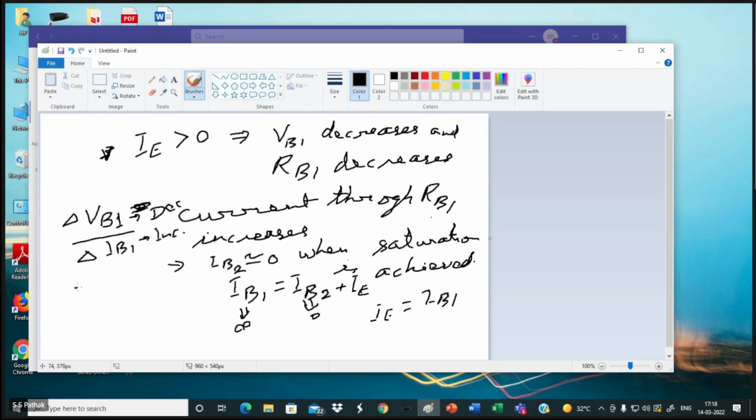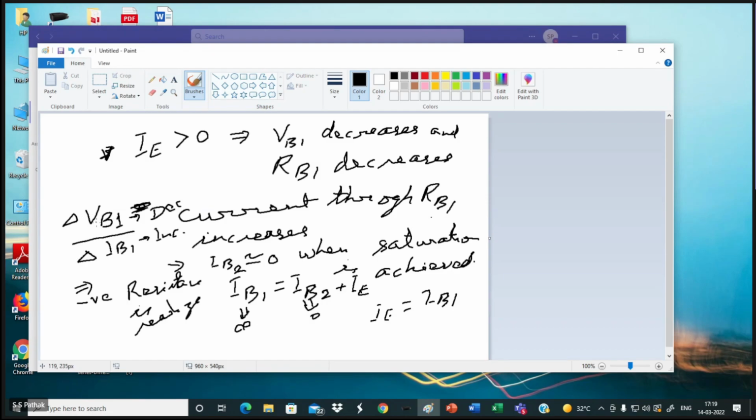As a result, negative resistance is realized. For VB1 and IB1, IB1 is nothing but your IE.